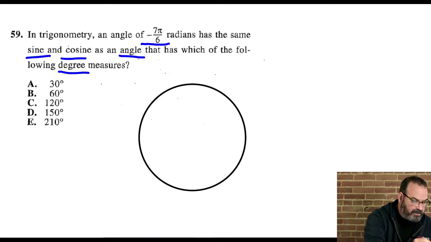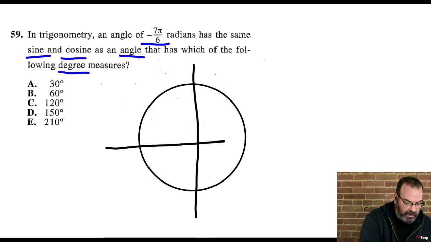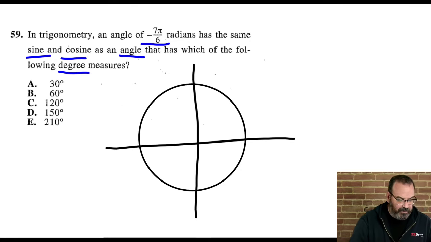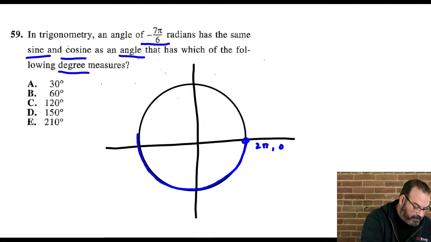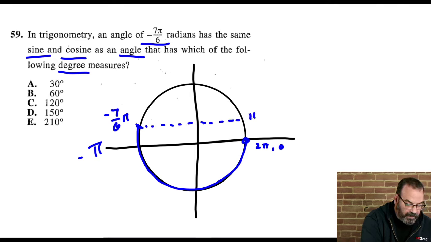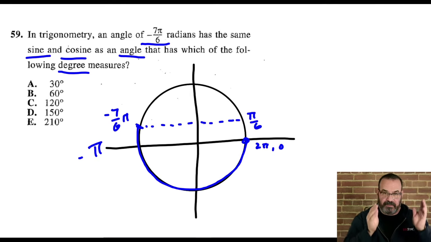And if I toss in a circle and I draw my x and y axis, beautiful, and I start at 2 pi or 0, and I want to go 7/6 pi, I'm going to go all the way to here, because this is negative pi, this is negative 7/6 pi, which is equivalent to pi over 6 in terms of its sine.